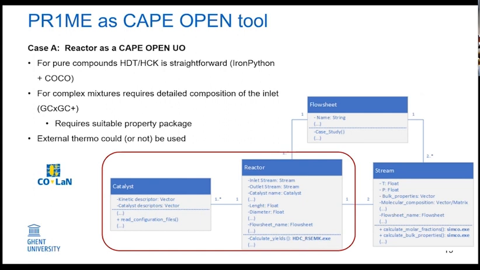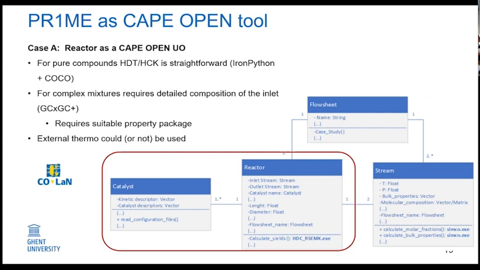As a case A, we could expose the reactor as a Cape Open unit operation. As I was telling previously, for a few compounds, being one compound or a mixture of compounds, it's quite straightforward. I could use IronPython and COCO, and it's possible because it's just Python.